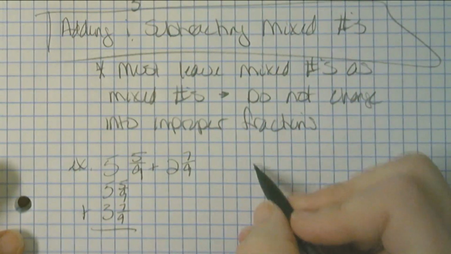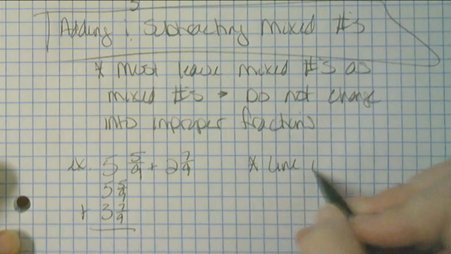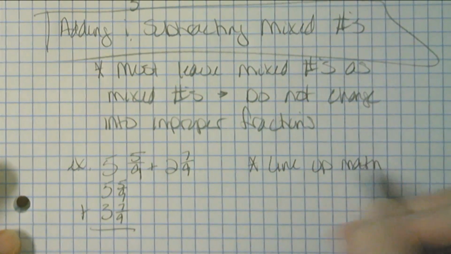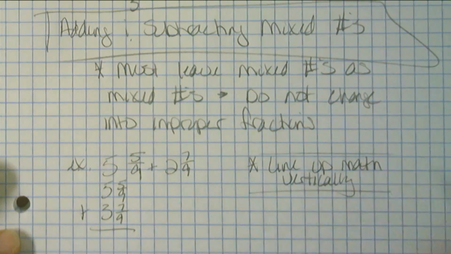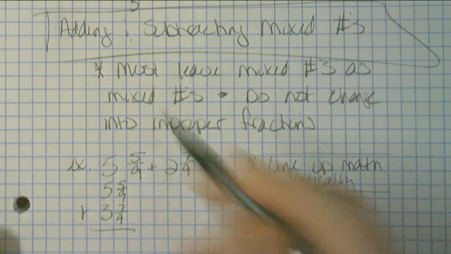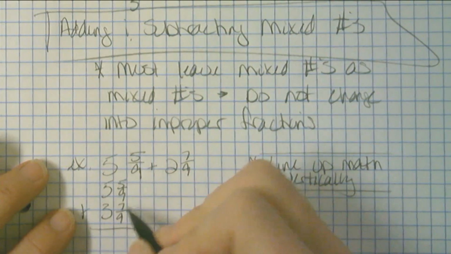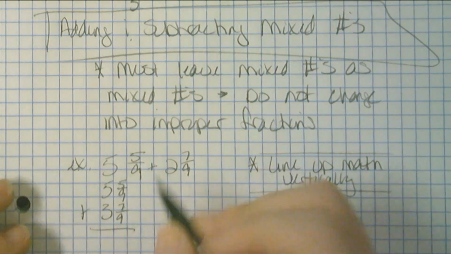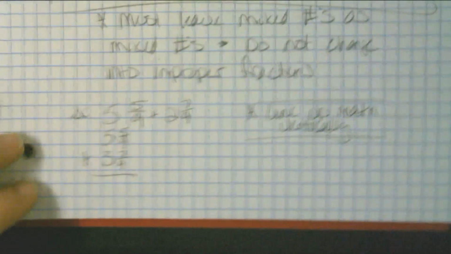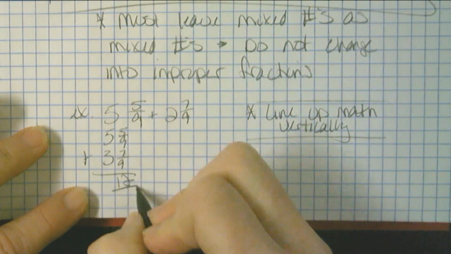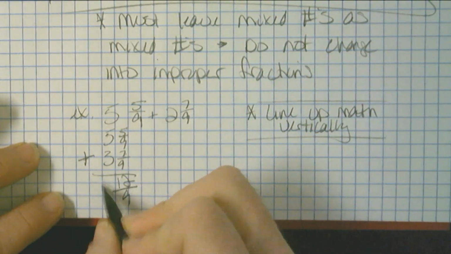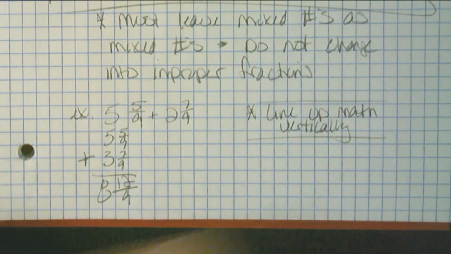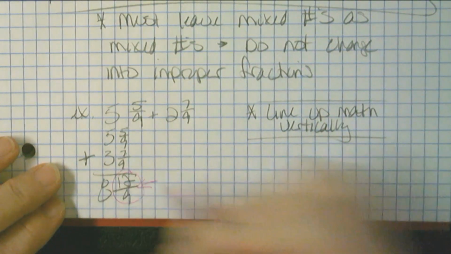So I want you to line up math vertically. And now I'm just going to add my fractions first. What's 5/9 plus 7/9? Sophia? So I have 12/9. What is 5 plus 3, Sophia? 8.